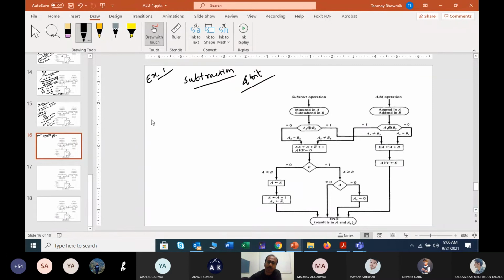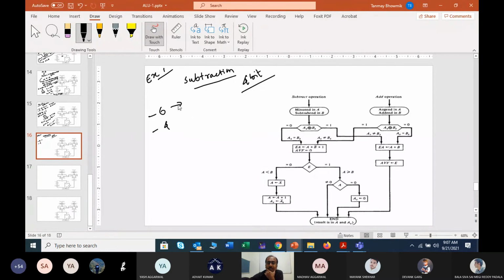4 bit subtraction. So let us consider some negative numbers like -6 and -4. These two numbers have been given, right?